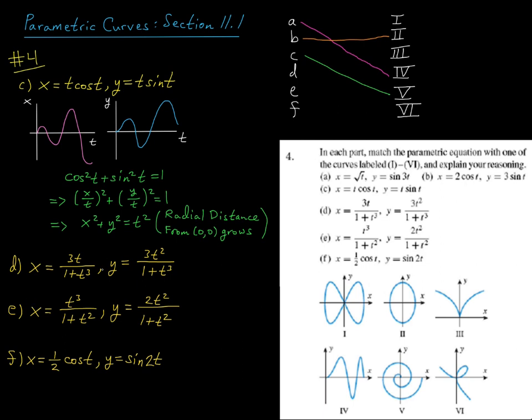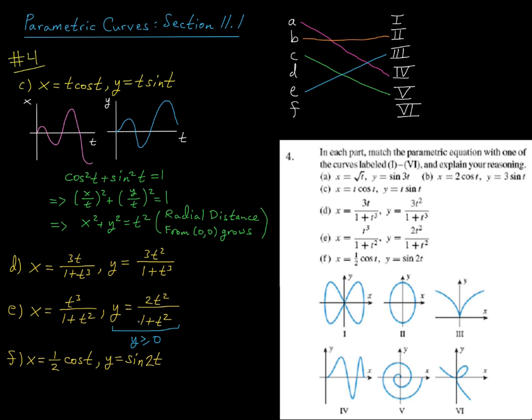And D and E look somewhat similar. In particular, they don't involve trigonometric functions. So let's start with E, actually. Notice for E, the equation for y is such that the expressions in both the numerator and denominator contain quantities that are always non-negative. I have a square on the t up here, so that's never negative, and 1 plus t squared is always strictly positive.